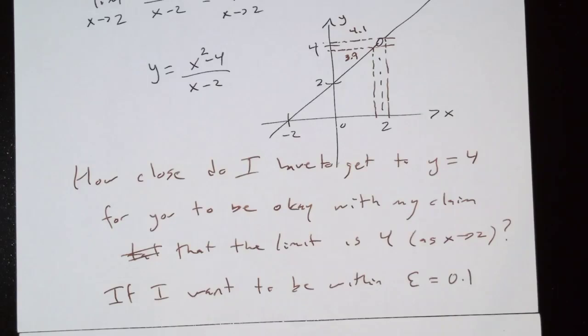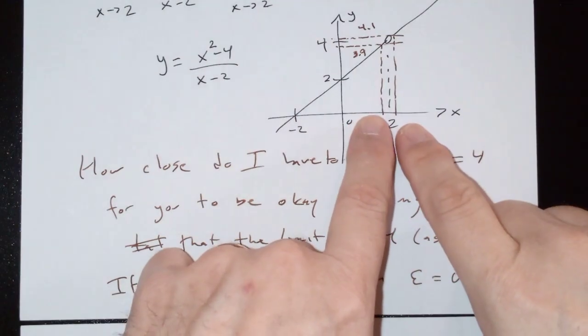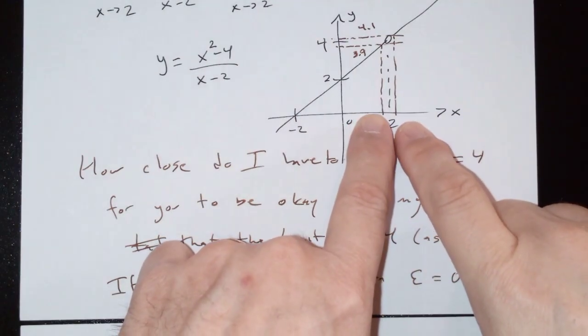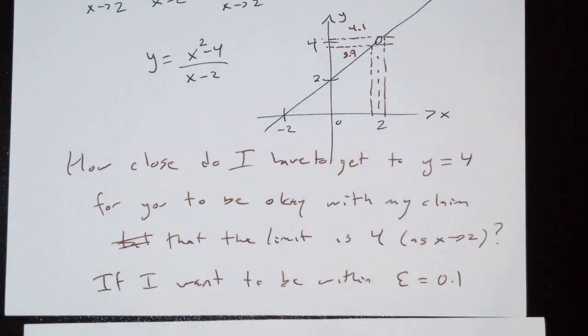So if I am using Jack's 0.1, then that range down there at the bottom tells me how close to 2 I have to get. How close is close enough? You told me you wanted me within 0.1. Now I can go down and figure out what those x values are, and I can tell you how close to 2 you have to aim.